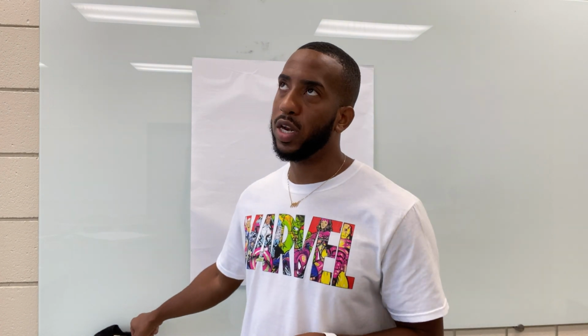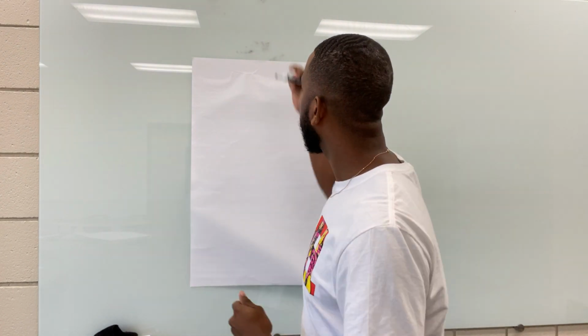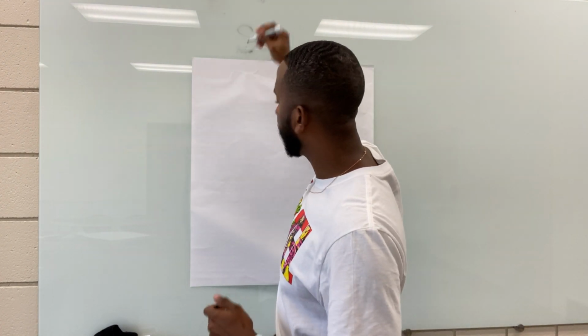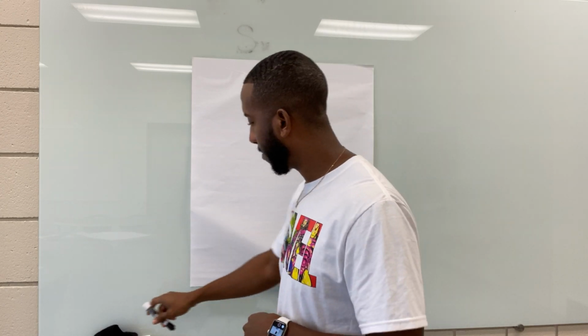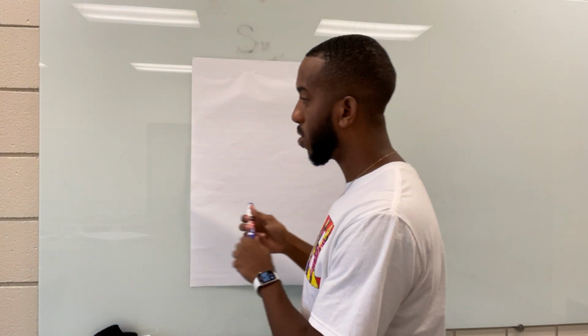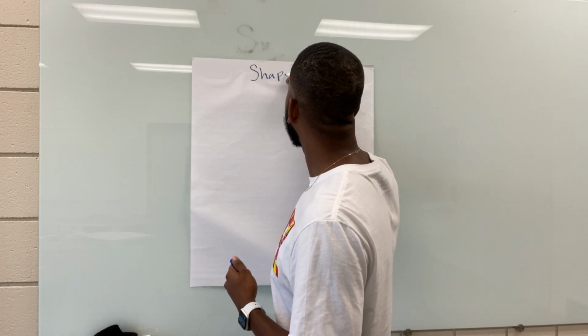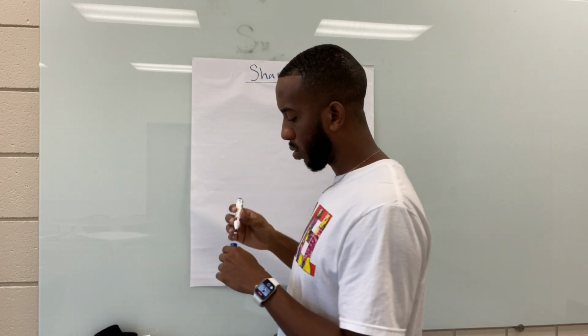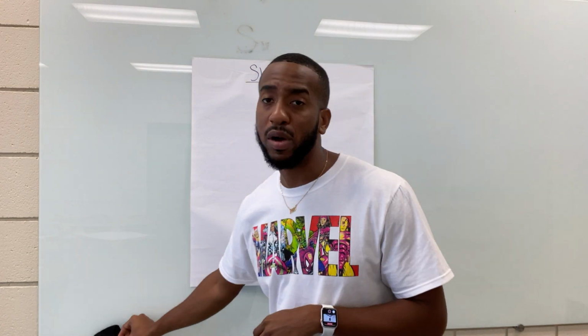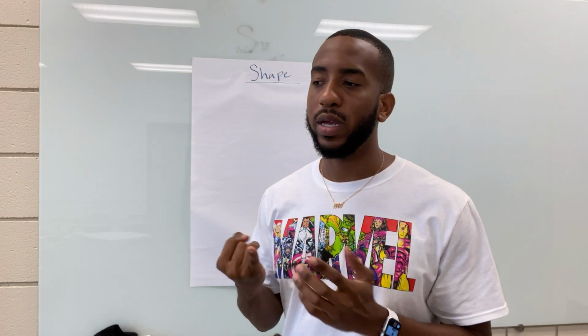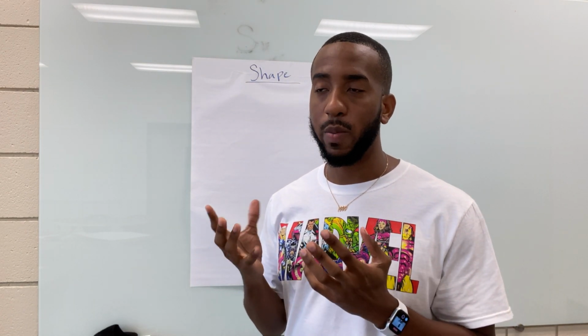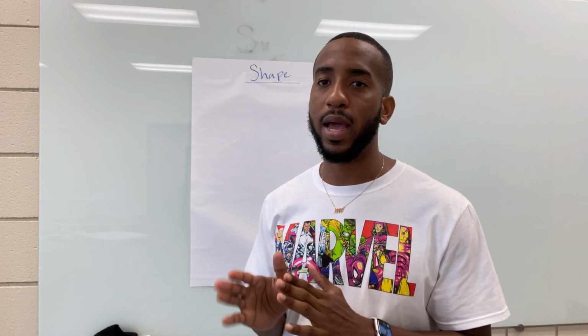So first thing I just want to talk about is what is shape. We generally know what shapes are, and I'm gonna write shape really big on my paper. We know that we can have geometric shapes, which are basically man-made.